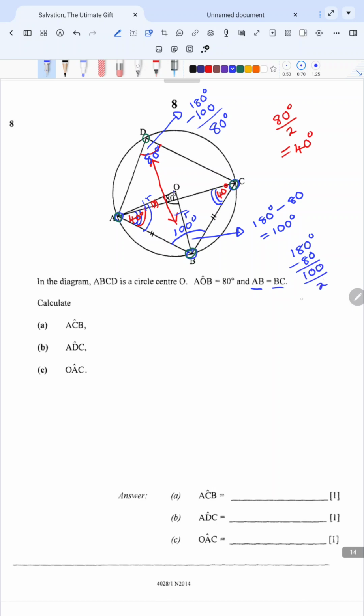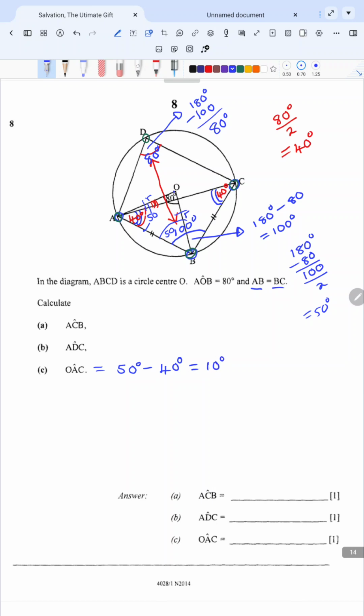Then divide this by 2, it gives you 50 degrees. So we have 50 degrees here, and we have another 50 degrees here. So I'm going to deduct 40 degrees from 50 degrees to find this required angle, OAC. So OAC is equal to 50 degrees minus 40 degrees, which gives you 10 degrees.